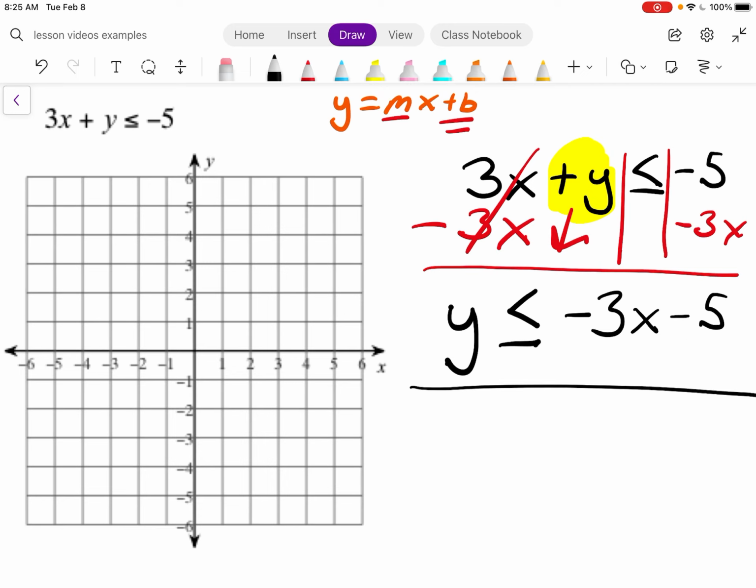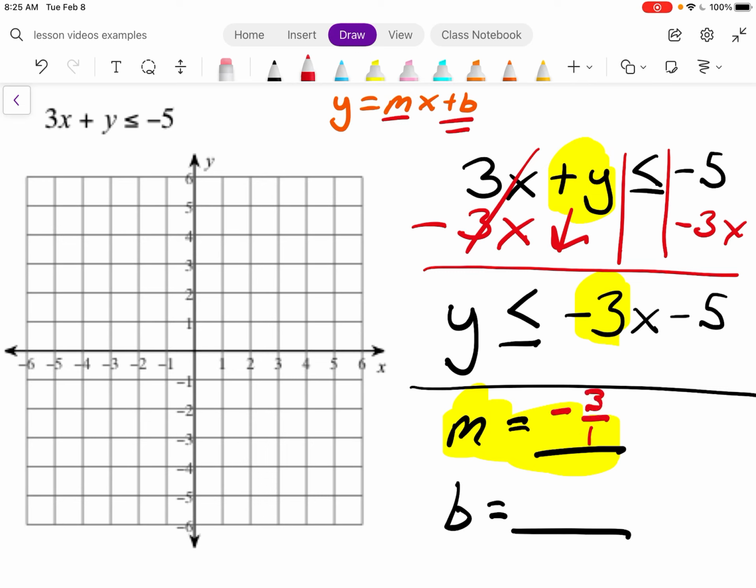That is our solution, but we need to graph this solution, so we need to identify our slope and our y-intercept. Our slope is negative 3, so we will write that as negative 3 over 1.